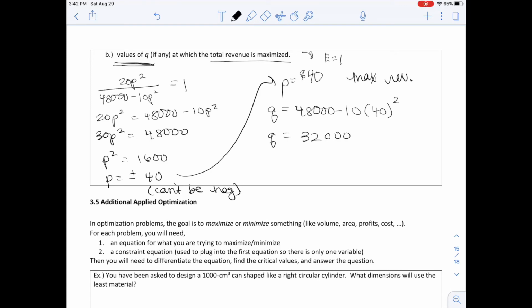So revenue is maximized when we sell 32,000 units. So we'll put down units. And it also asks for what is the total revenue that is maximized.